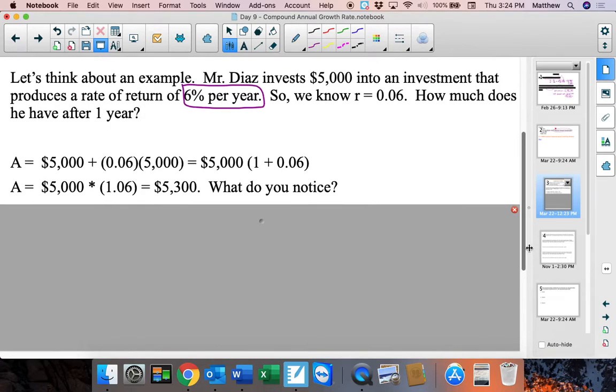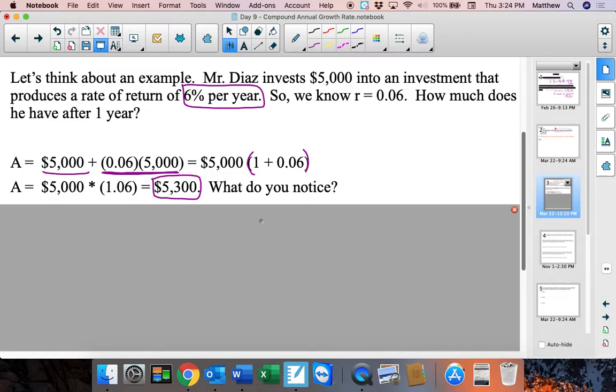He has his initial amount, plus he gets 6% of the 5,000. So that's $5,000 times 1.06, which would be this amount right here, $5,300. And you can check that in your calculator. Just take 5,000 times 1.06.